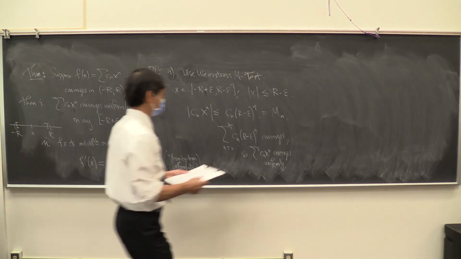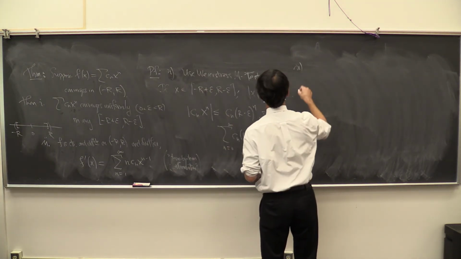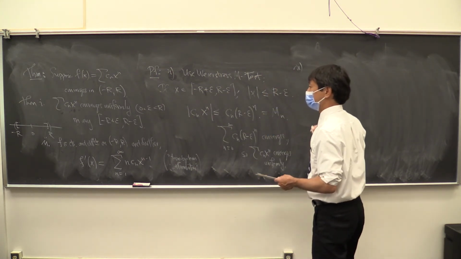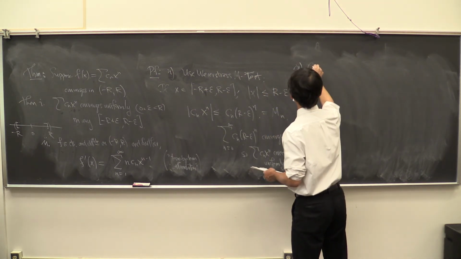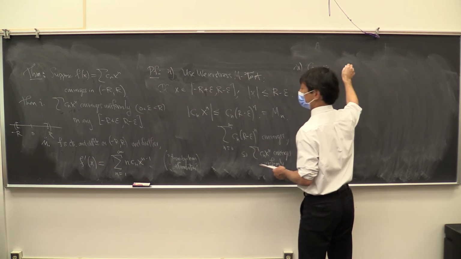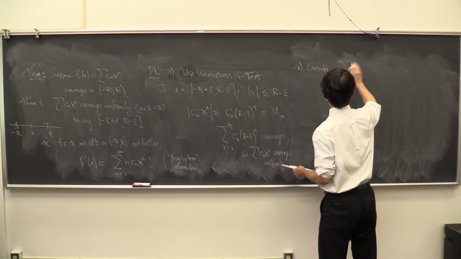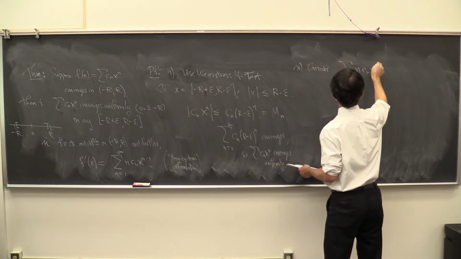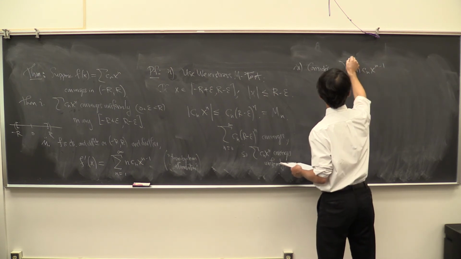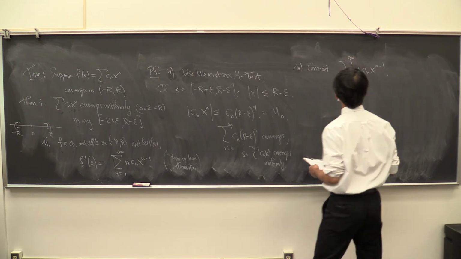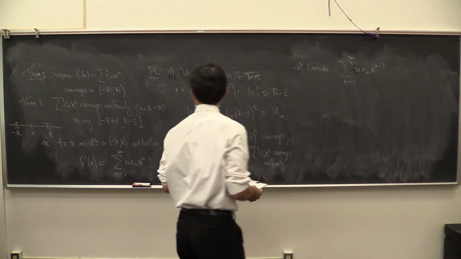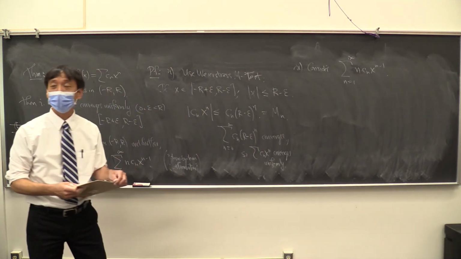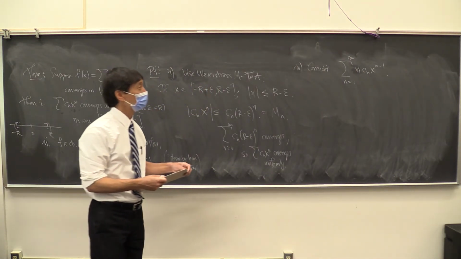Okay. Part 2. It's actually not hard. Consider the summation n c_n x^(n-1) from n equals 1 to infinity. This is the series that we're hoping will correspond to our derivative.